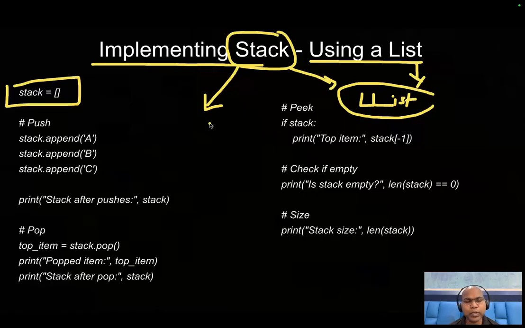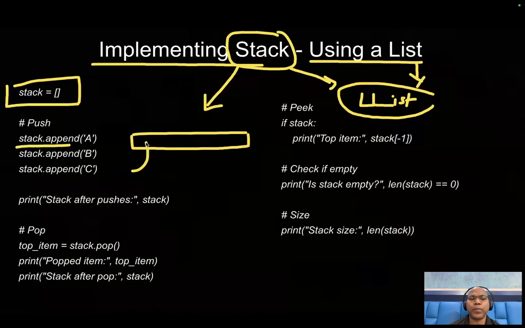The implementation of a stack is very simple. First we create one list. Whenever someone pushes, we append at the last position, which means we always put the data on the top.